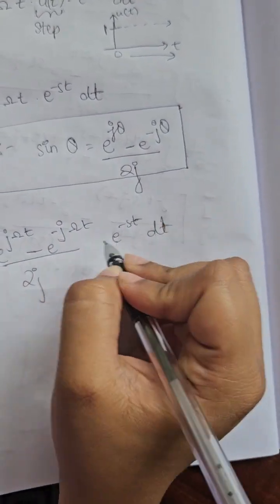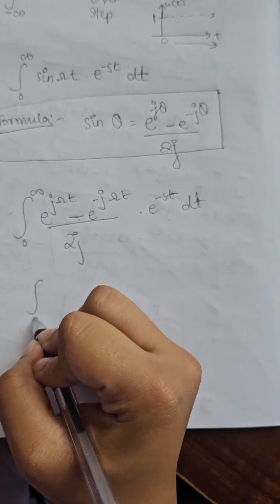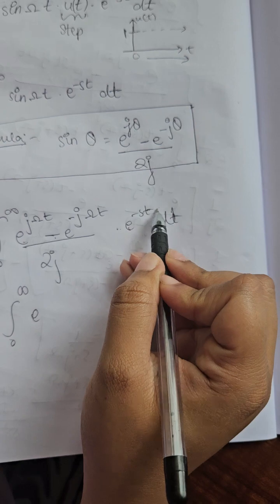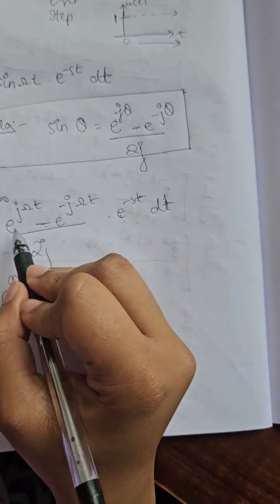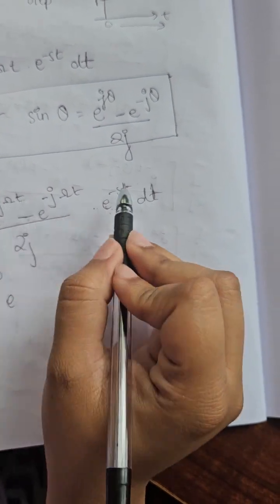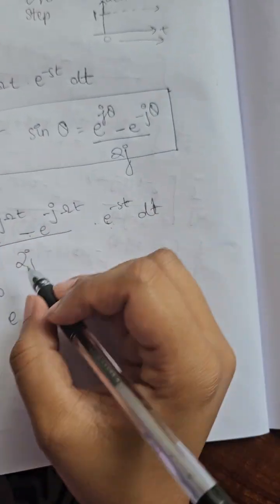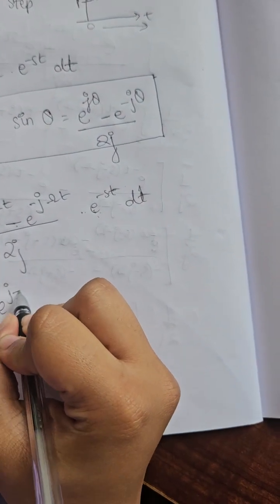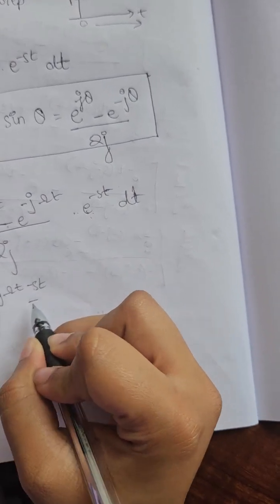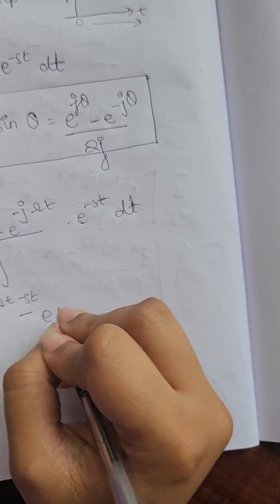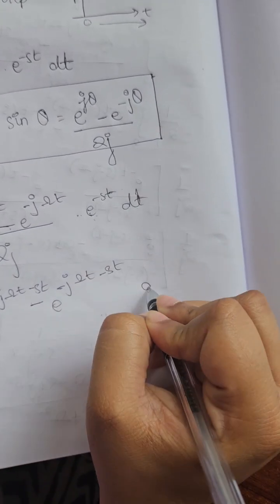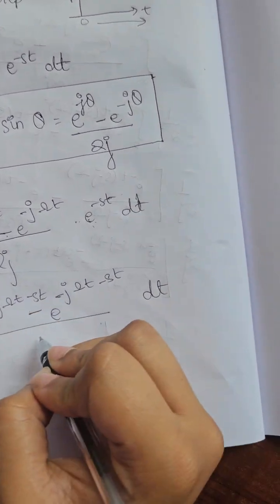We just multiply this inside. Integral 0 to infinity. I told you when you're multiplying two exponential numbers with the same base, you can just add the exponents. So I'm just going to do j omega t, and because it's minus st, minus e raised to minus j omega t minus st dt, upon 2j.